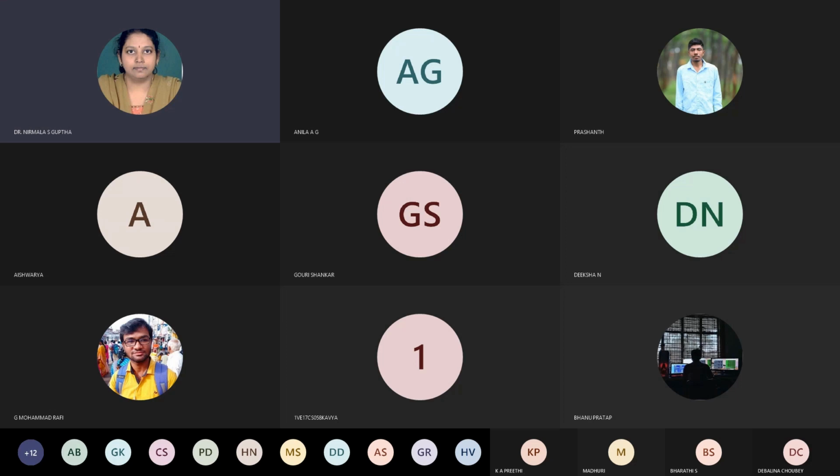For example, is it possible to predict the price of the house?